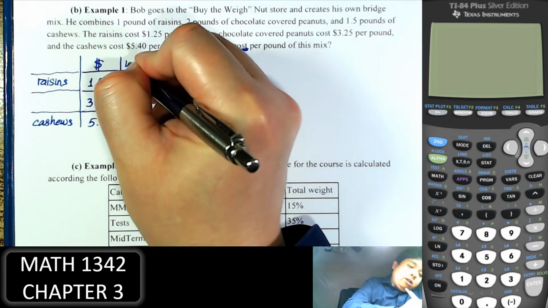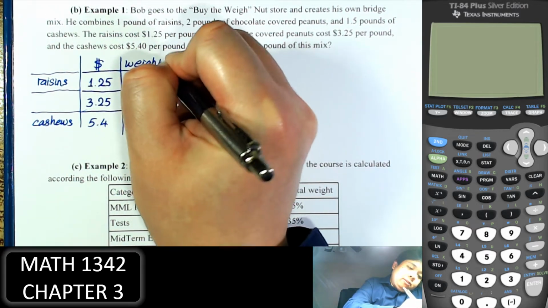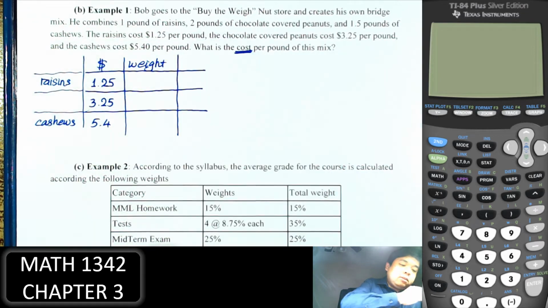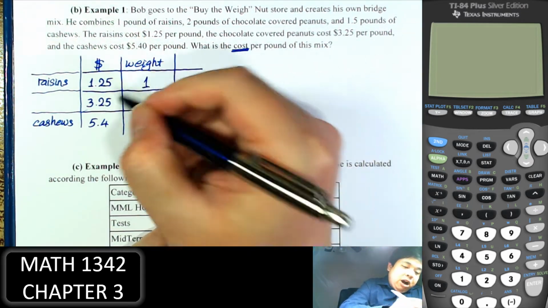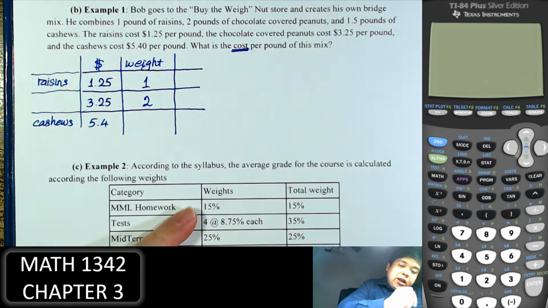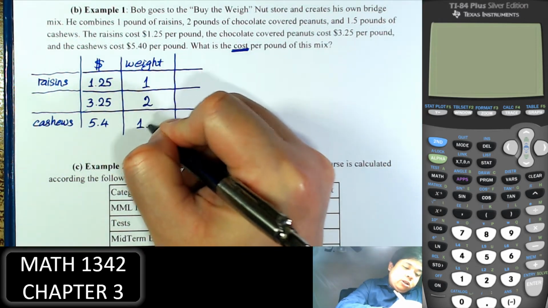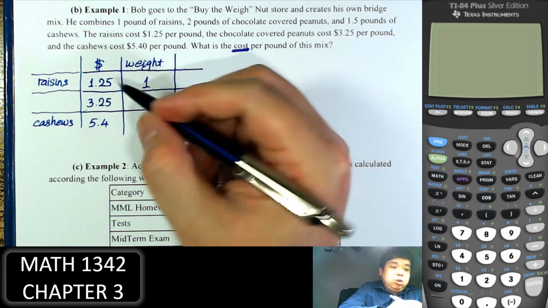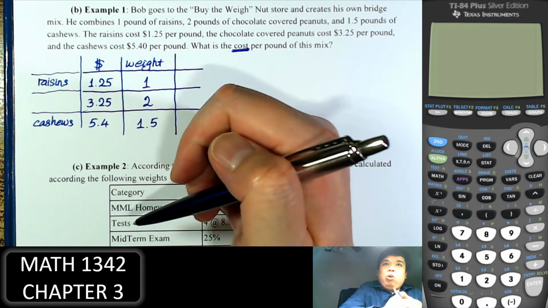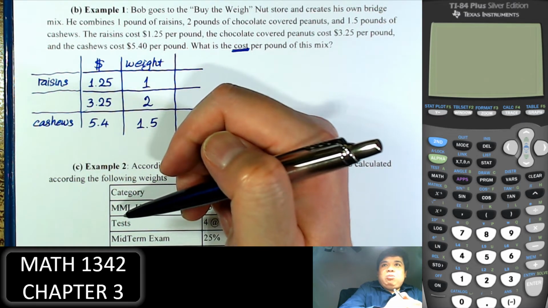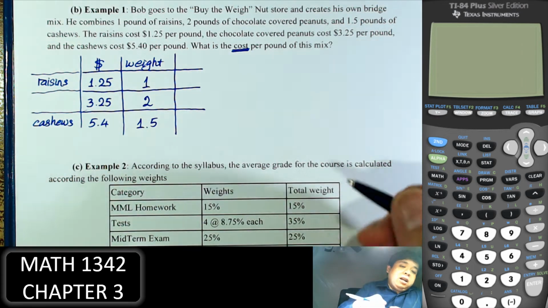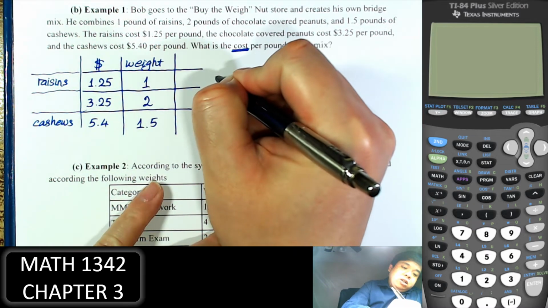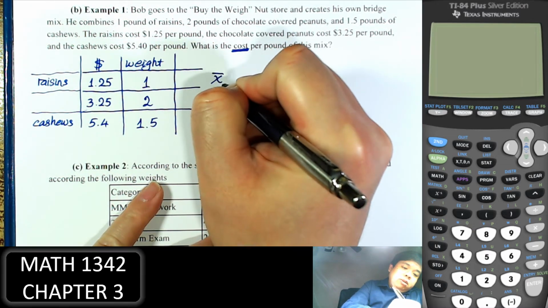Now the weight: 1 pound of raisins, 2 pounds of chocolate covered peanuts, and 1.5 pounds of cashews. List 1, list 2, one variable statistic. If we do this by hand, the cost per pound is the weighted mean.